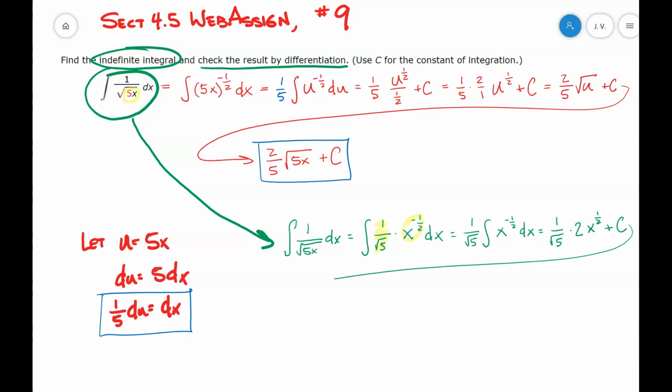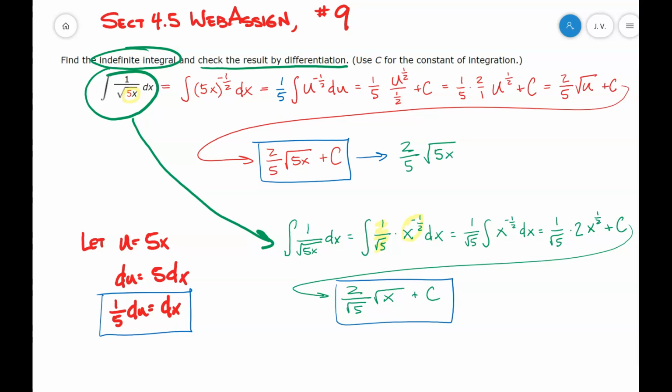So let's see if that matches the answer we had before. So you might be looking at those two answers and say, well, wait a minute, they look a lot different. But let's go back to this one and say, let's look at 2 over 5 times the square root of 5x.